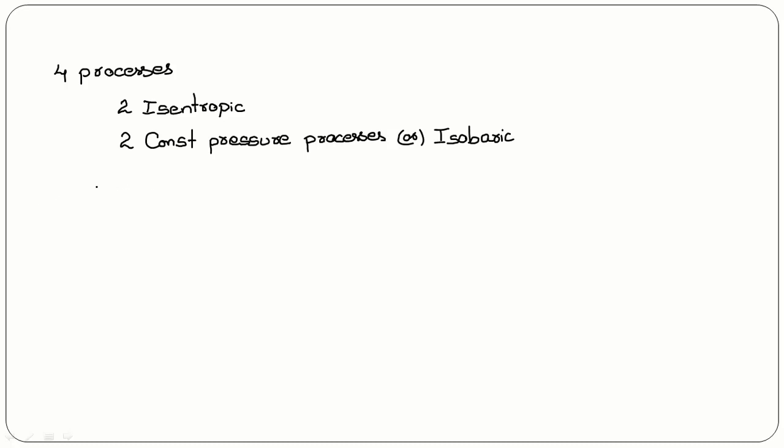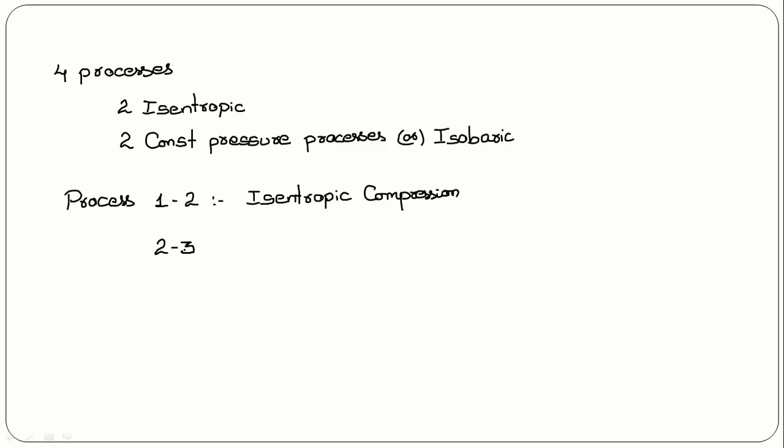Now here, process 1 to 2 in case of Brayton cycle is isentropic compression. Process 2 to 3 is constant pressure heat addition.